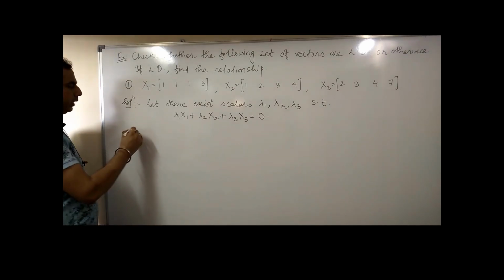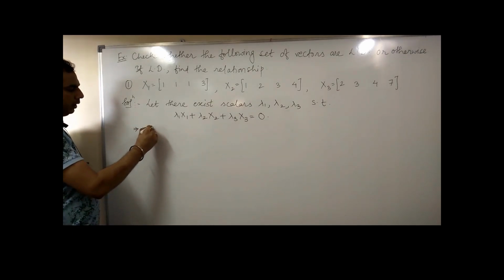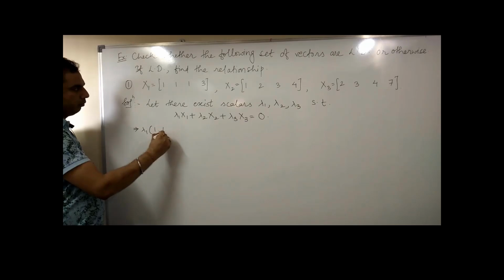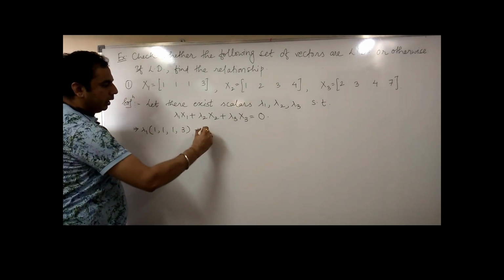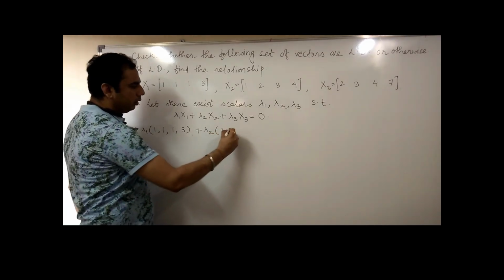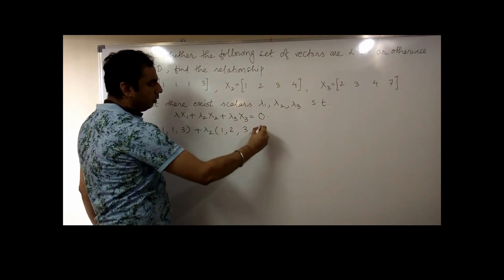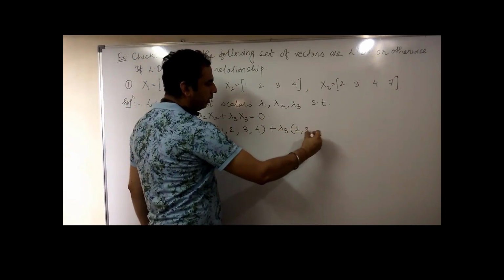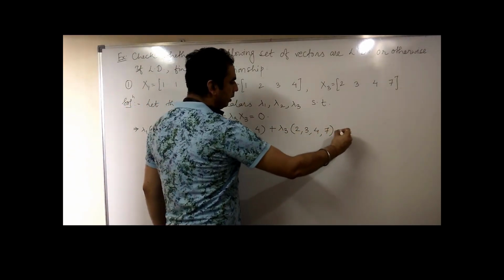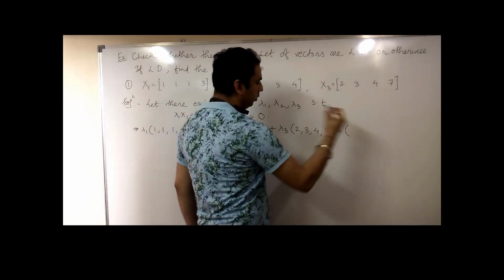That means we are assuming that lambda 1 into x1, which is 1 1 1 3, plus lambda 2 into 1 2 3 4, plus lambda 3 into 2 3 4 7 is equal to 0.